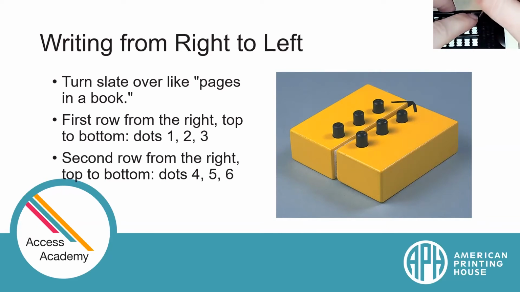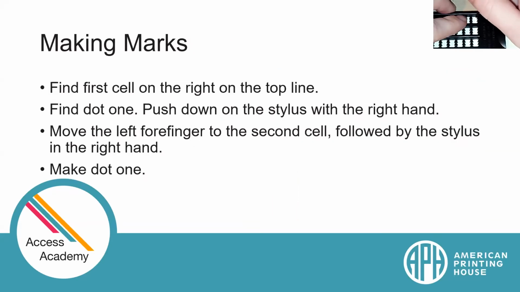The first column, from the top to the bottom, are dots 1, 2, and 3. And the second column is 4, 5, and 6. Wherever we start, whether we're reading or writing, we're always starting with dots 1, 2, and 3. These are ways to help sink it in your mind.